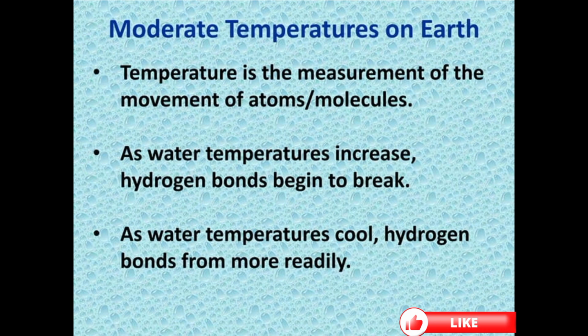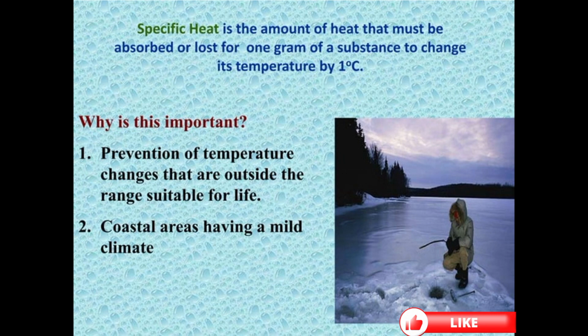Moderating temperature on Earth. Temperature is the measurement of the movement of atoms or molecules. As water temperature increases, hydrogen bonds begin to break. As water cools, hydrogen bonds form more readily. Specific heat is the amount of heat required to raise the temperature of 1 gram of water through 1 degree Celsius.